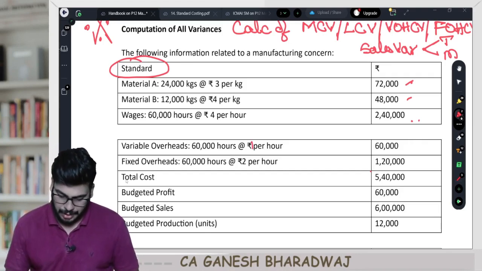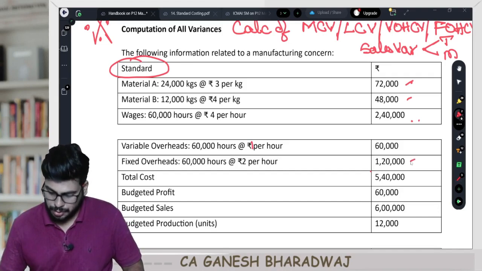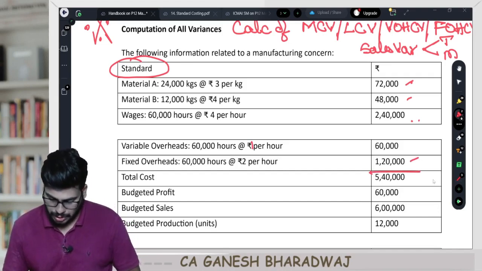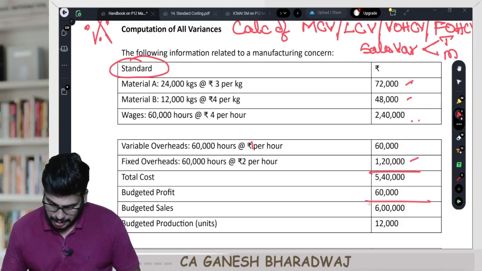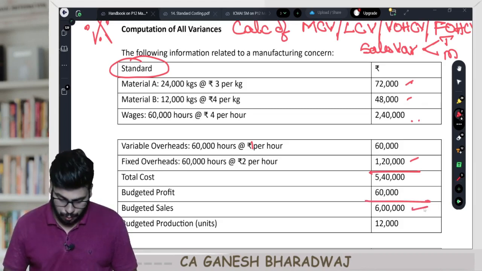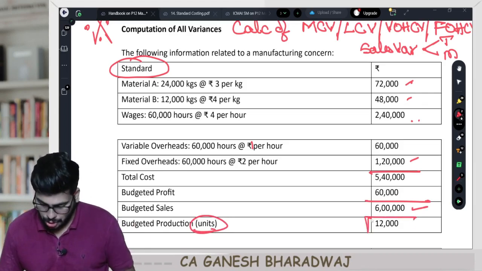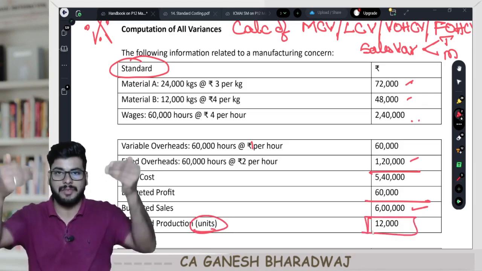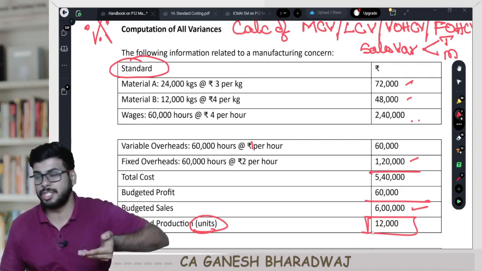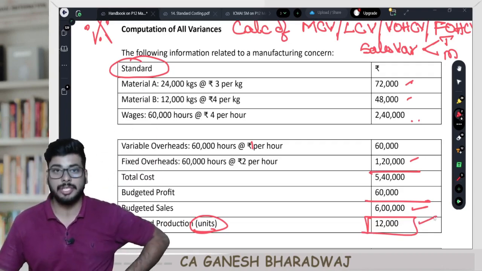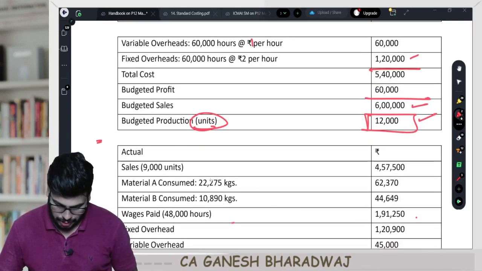Then you have fixed overhead, 60,000 hours at the rate of 2, it's going to be 1,20,000. The total cost is 5,40,000. Budget profit is 60,000 rupees. So the budget sales is going to be how much? 6 lakh rupees. And the budgeted units of production is 12,000 units. So basically they have given us the entire budget pertaining to 12,000 units.